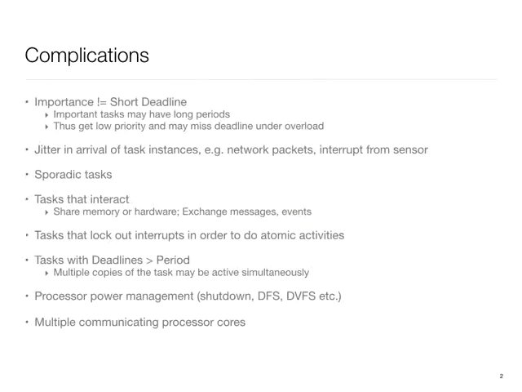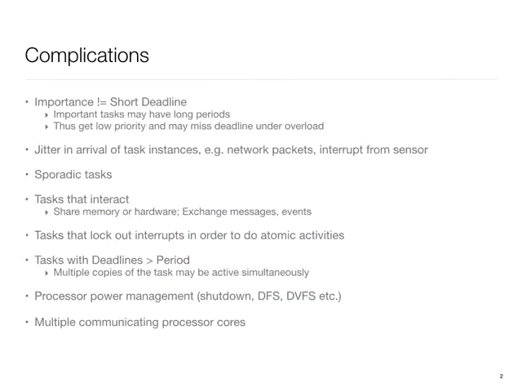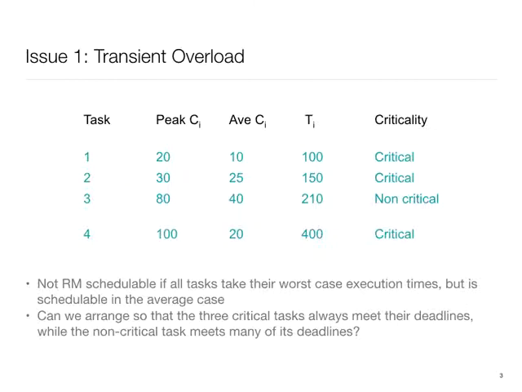So I guess in the remaining 4 or 5 minutes, I just want to talk about one of them. How do we deal with the issue that I may have some transient emergency situations? So this is the situation I have. I have a bunch of tasks, again given their periods and so on.